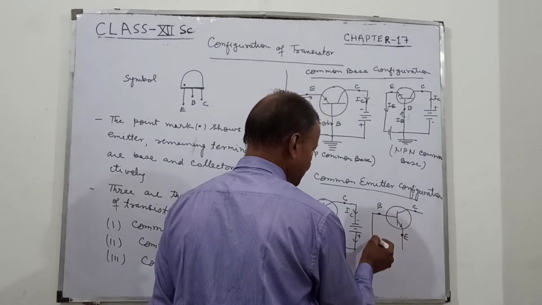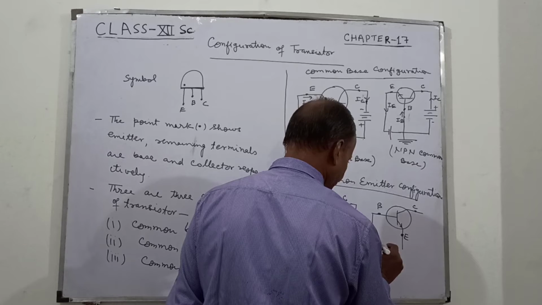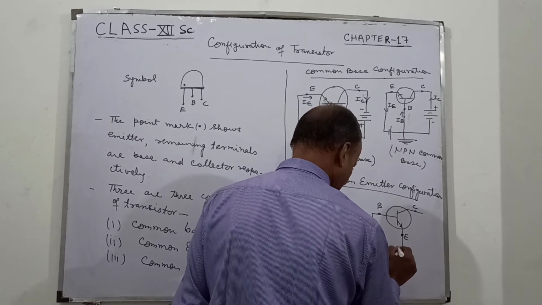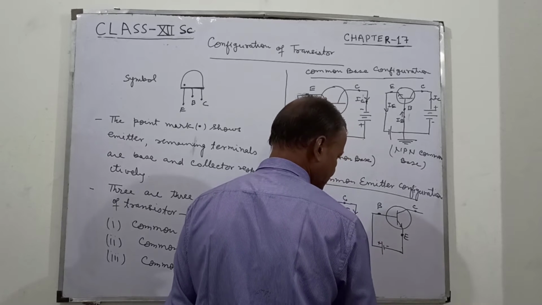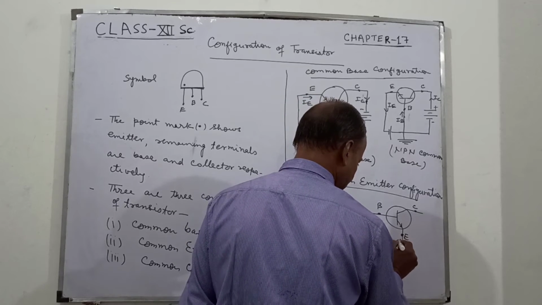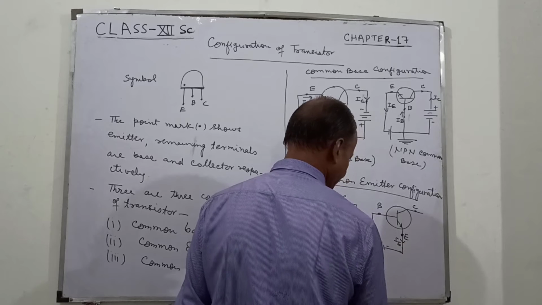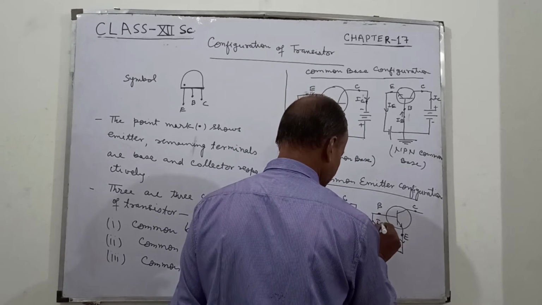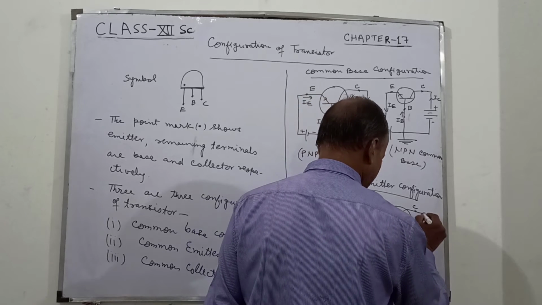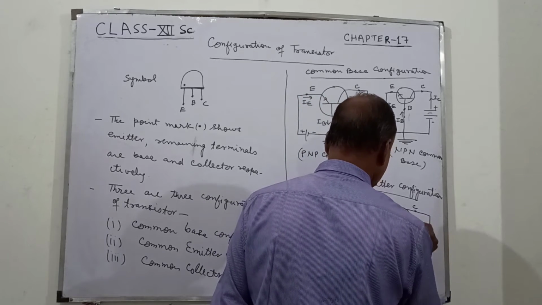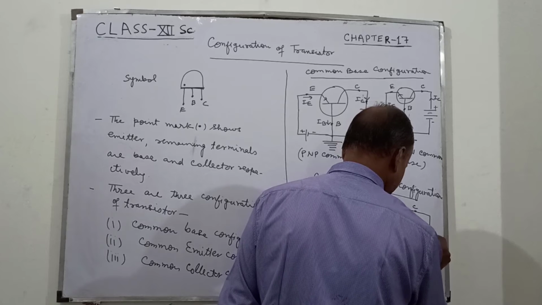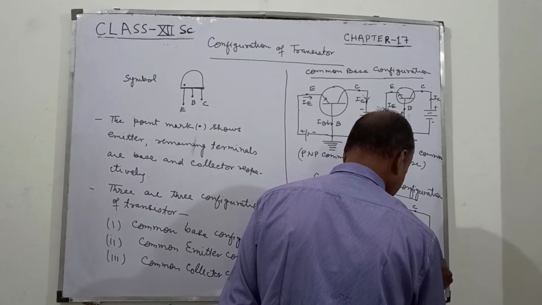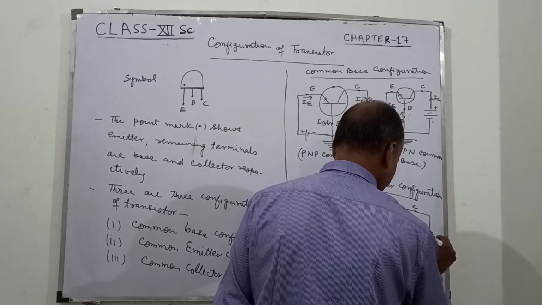Here we have this NP, so this is now your P, positive. The current here is IE, and here the current is like this, IB, and this we have NPN, so this is positive and negative.